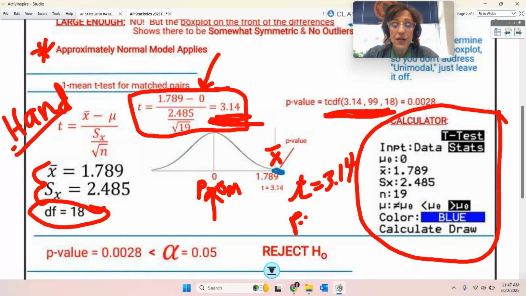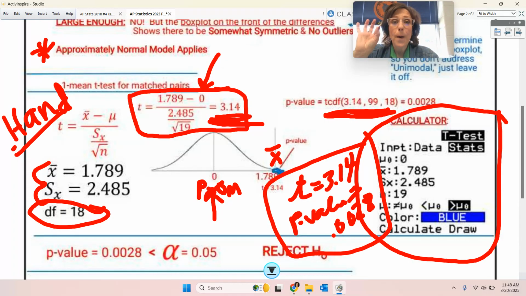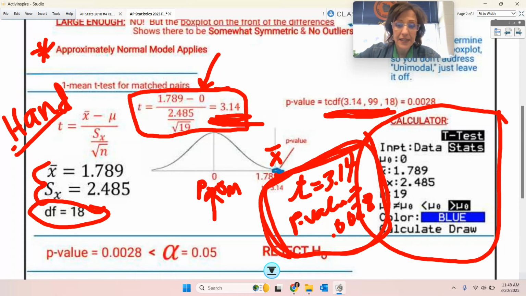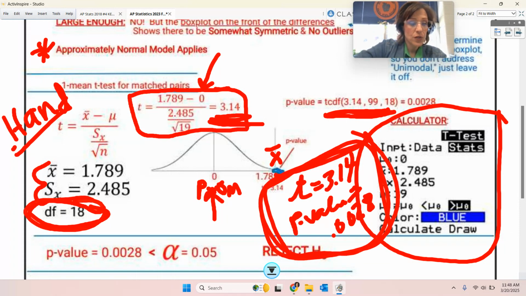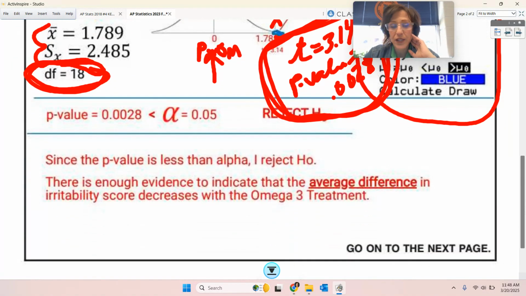The p-value is the next thing under it, and that's 0.0028, and then degrees of freedom. So minimally speaking, what has to be included, if you did it in your calculator, is this, and of course also degrees of freedom. So you have an option there. Do you want to do that by hand or put that in the calculator?